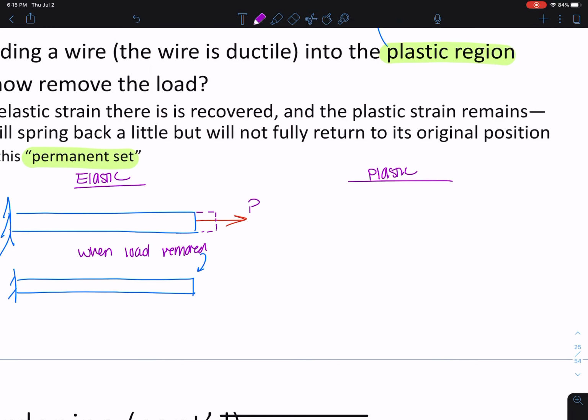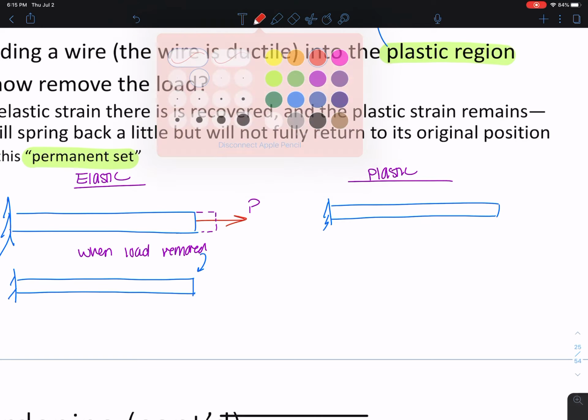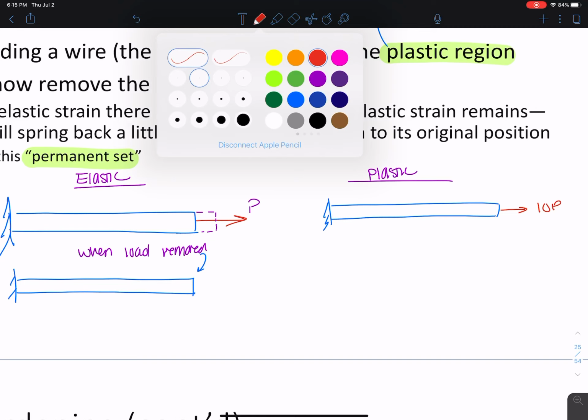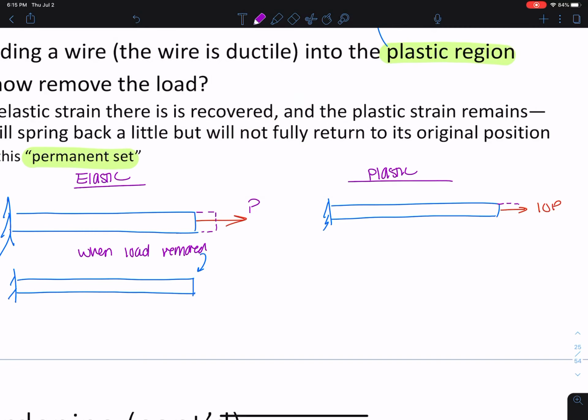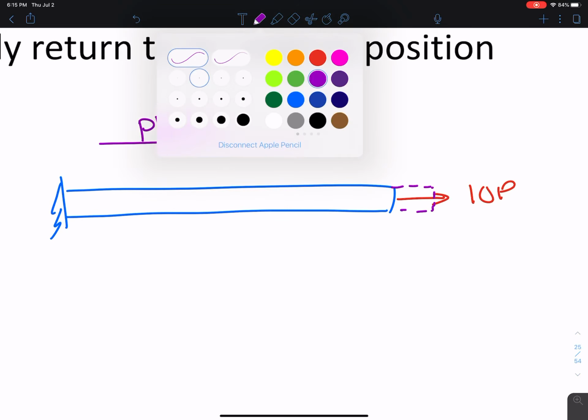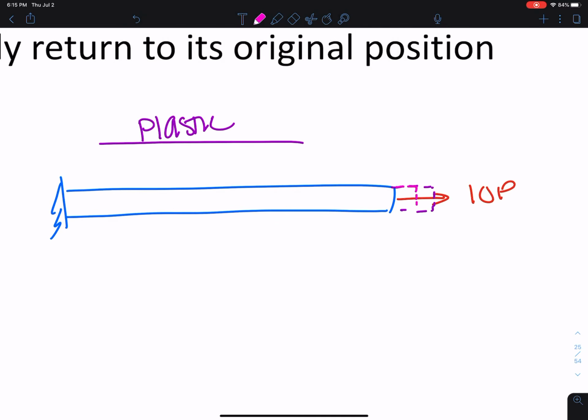But with plastic deformation, I can have the same system, same bar, and I pull on that bar with, let's say, a force of 10P, which causes this to deform a lot more. Part of that deformation is in the elastic region, and only part of it is plastic deformation.